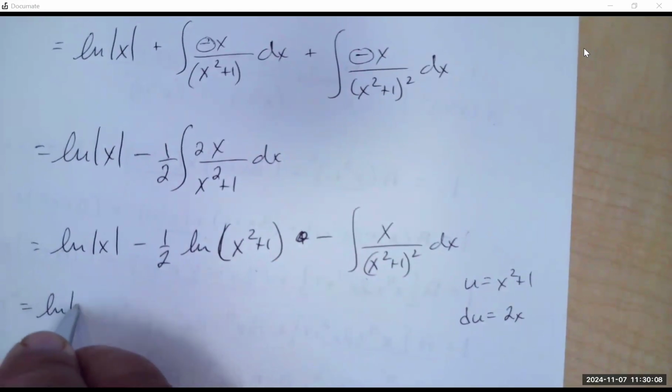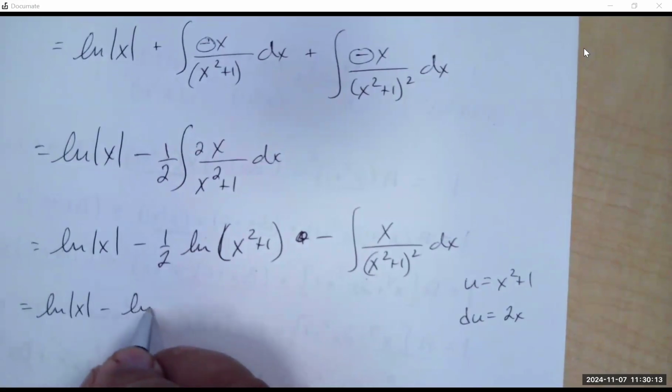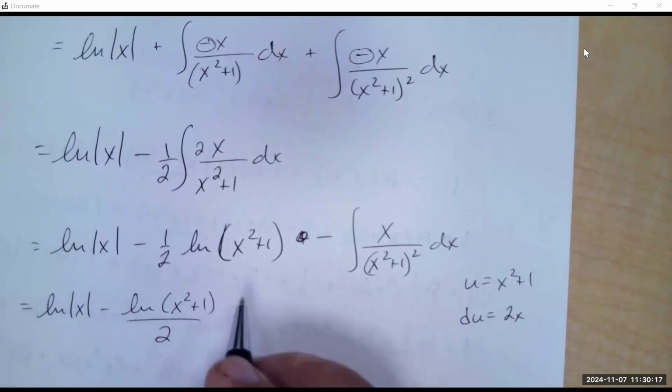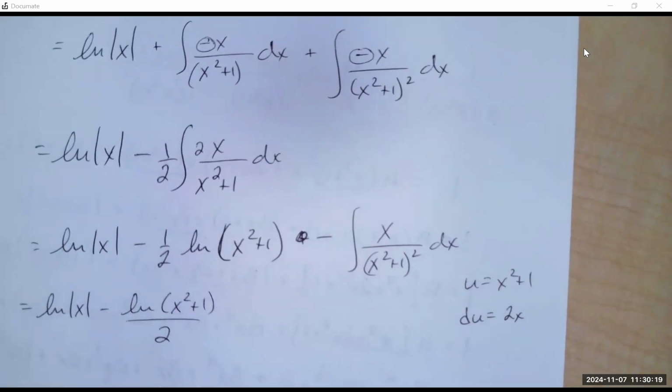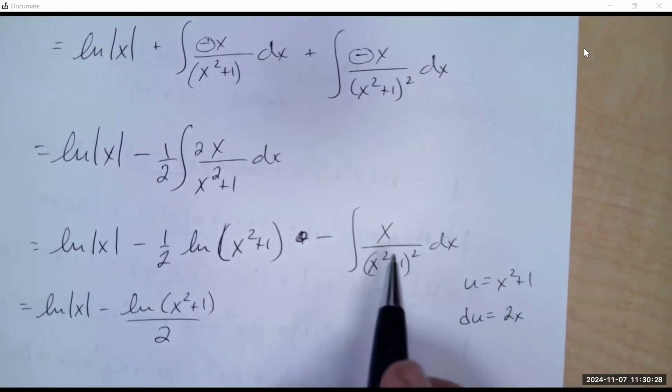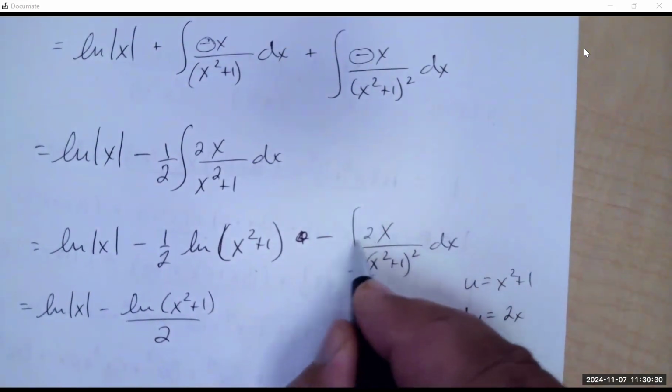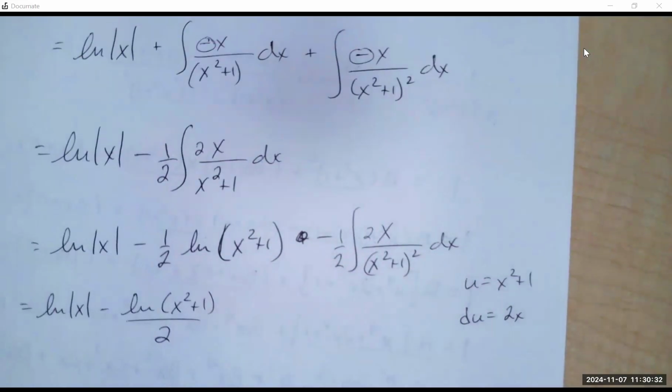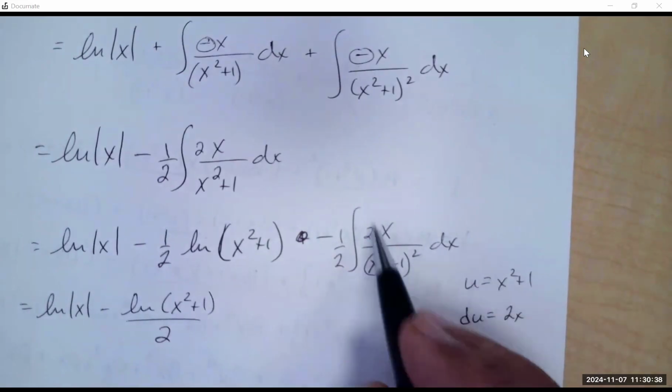So it's ln absolute value of x minus ln x squared plus 1 over 2. Do we have a 2 in front of the x? So we put it there. That means we have put a 1/2. So now it's du over u.